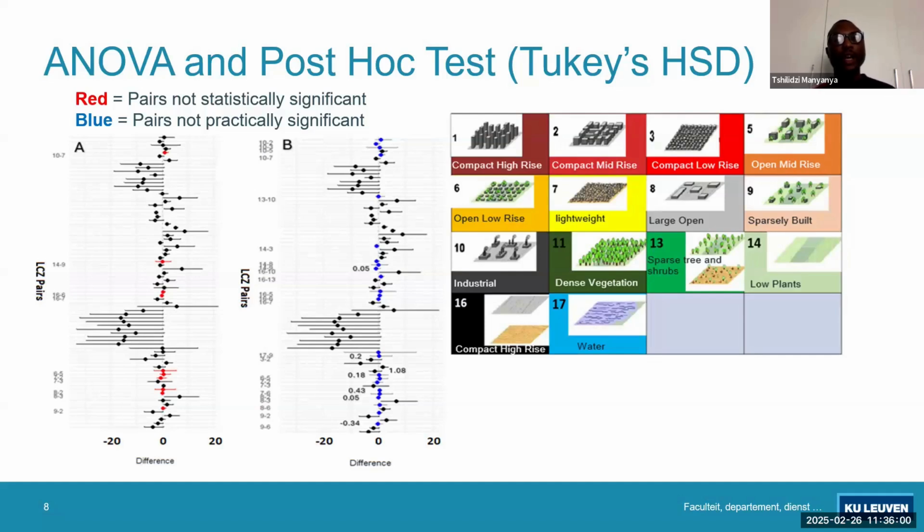And interestingly, the same pairs that are considered not statistically significant are the same pairs that we observed when we looked at the graphs. You see 14 and 9, you see 2 and 3. So the same classes that we observed.